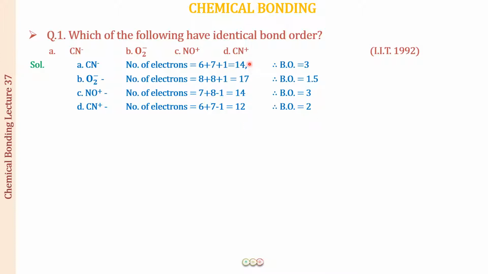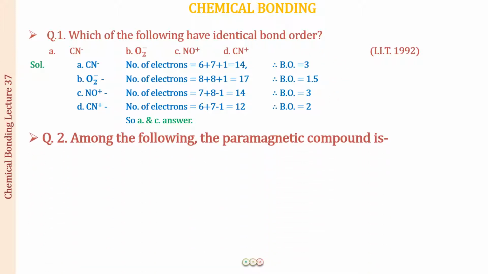How did I do it? 14 minus 12, this is going to be 2 places of a jump. So 2 into 0.5 is 1. So 3 minus 1 is going to give you the bond order of 2. So I think this is easy, and you can do that in a fraction of a second now. So the answer over here was A and C, because we wanted an identical bond order, and the choices A and C have identical bond order.